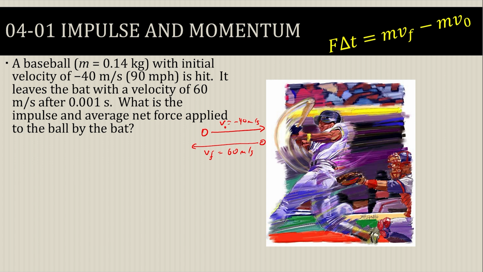So impulse is force times our change in time, but I don't know the force. But that does equal our final momentum minus our initial momentum. So our mass is 0.14 kilograms, final velocity is 60. Mass is 0.14 kilograms, initial velocity is negative 40 meters per second.